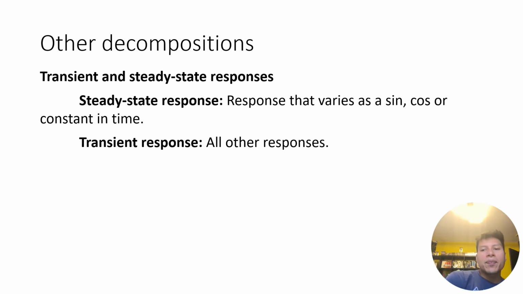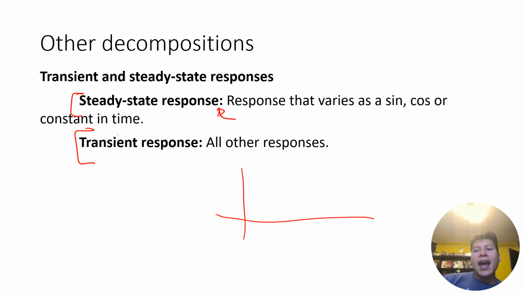So we typically refer to our responses as either steady state or transient responses. The steady state is a solution that basically continues up to infinity, or doesn't go to zero as time goes to infinity.